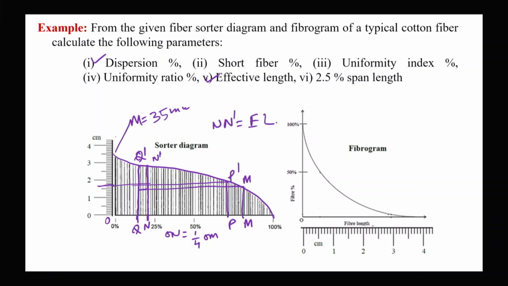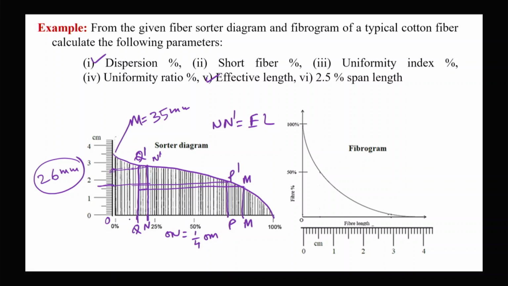N dash is the effective length as per the definition. We can see that this is typically, say, 26 millimeter. Now 1/4 of OM is ON.